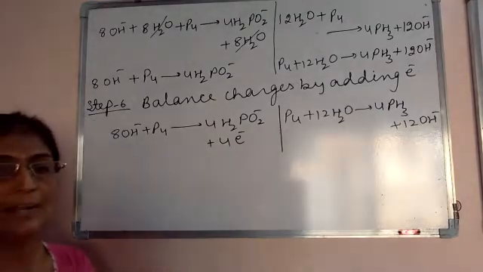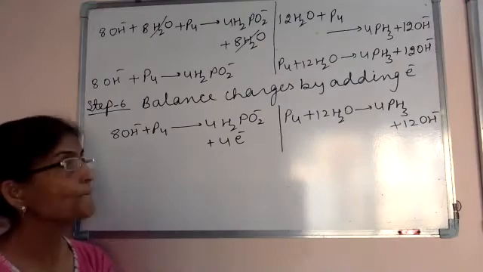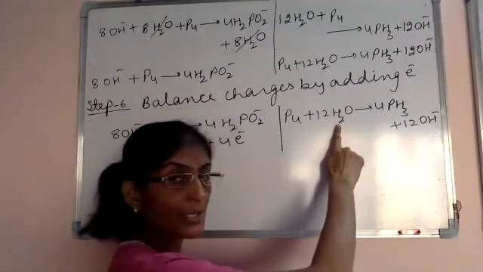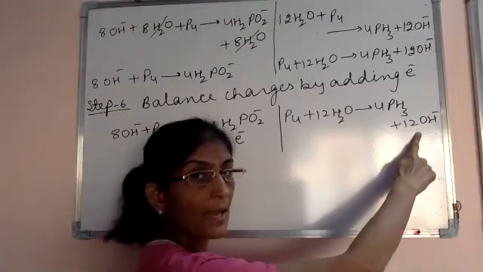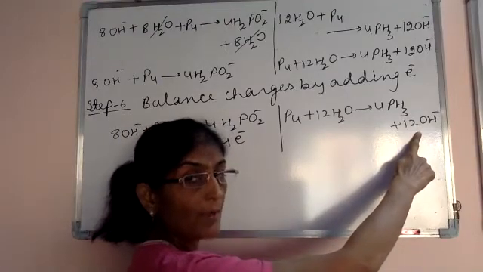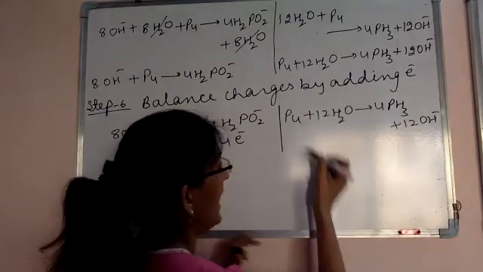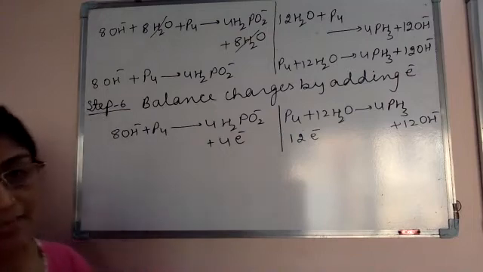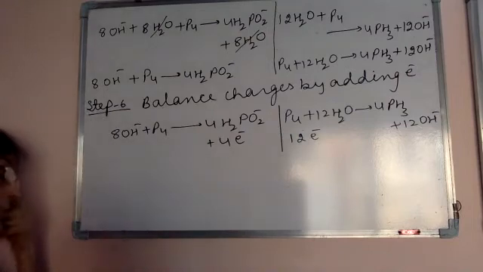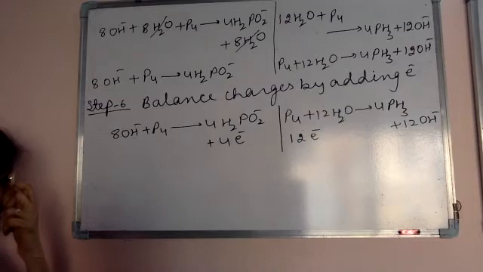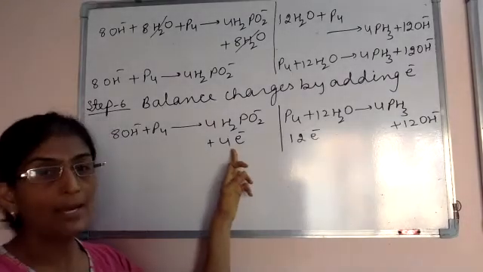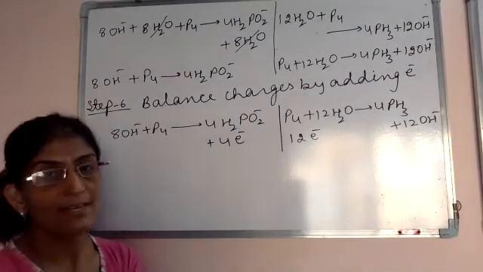In the second equation there is no charge, it is neutral, and on the other side it is minus 12. So we have to add 12 electrons on the reactant side because reduction is a process in which electrons are gained. Oxidation is a process where electrons are lost. Always add electrons equal to the difference: in oxidation on the product side, in reduction on the reactant side.